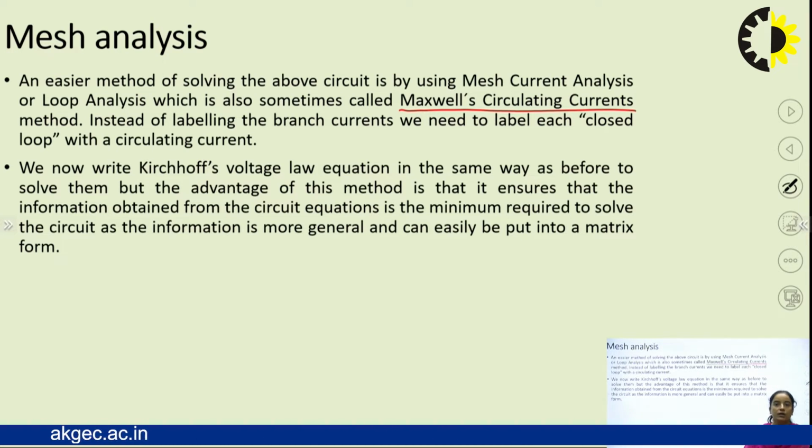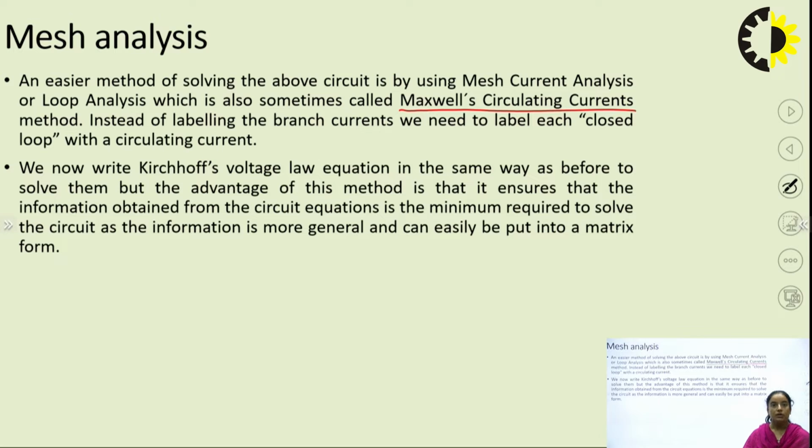Why does this method make the solution easier? The mesh equations that we write are the information obtained from the circuit equations, and they are the minimum requirement, the minimum and general information of the given circuit.